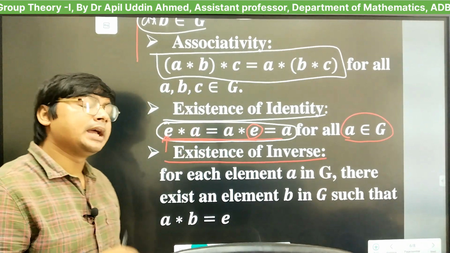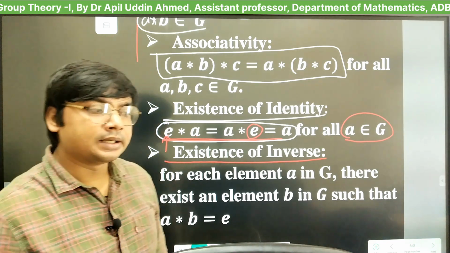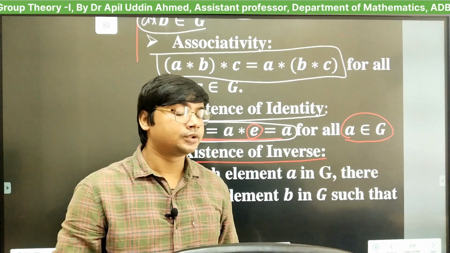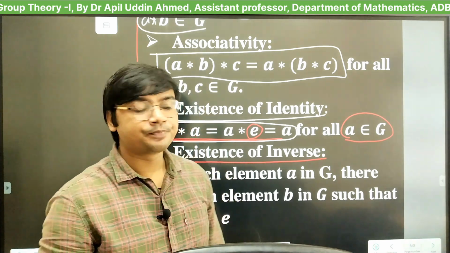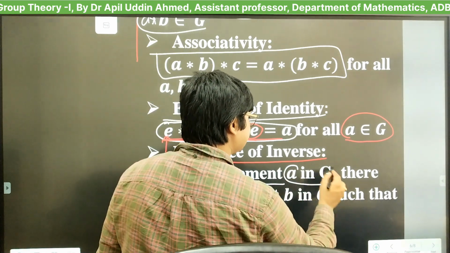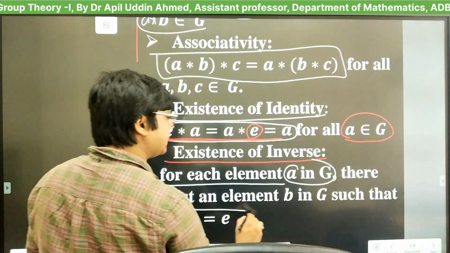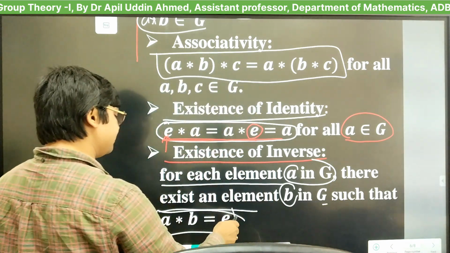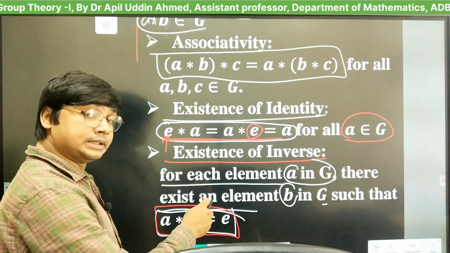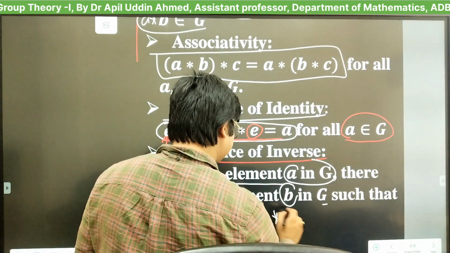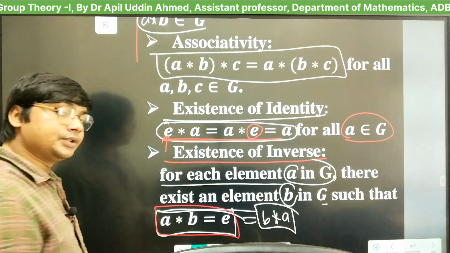That means for each element A in G there exists an element B in G such that A star B equals the identity, or we can write B star A equals the identity.